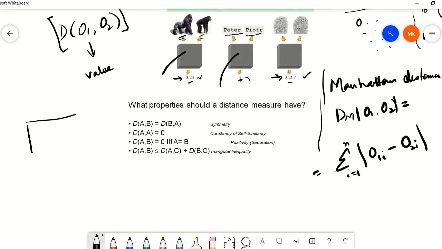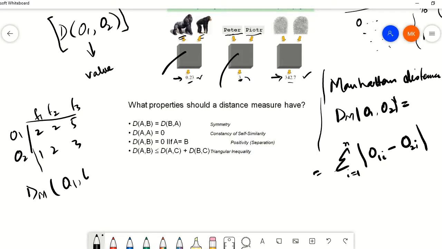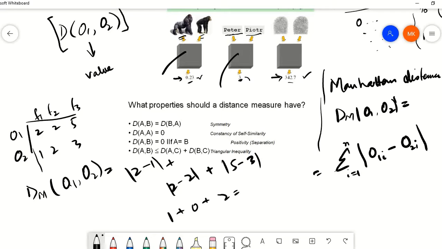So for example, if we have this data where we have three features f1, f2 and f3, and the objects that we have are O1 and O2, and their values are 2, 2, 5 and 1, 2, 3. So the Manhattan distance between these two objects would be |2 minus 1| plus |2 minus 2| plus |5 minus 3|. So that would be 1 plus 0 plus 2, and it gives us 3.